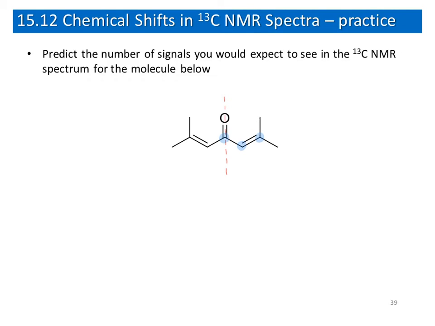Now looking at these 2 methyls, what happens to our methyl groups here? So if you remember previously, we said that methyl groups that are connected to the same carbon should be the same. And that is true when we have a single bond. With the single bond, we can have a free rotation about this bond, so these 2 methyl groups will be identical.